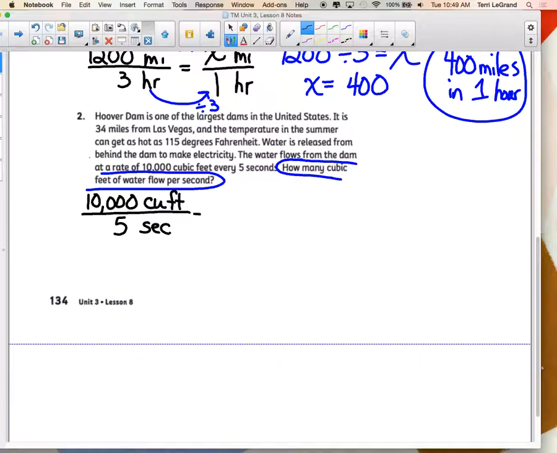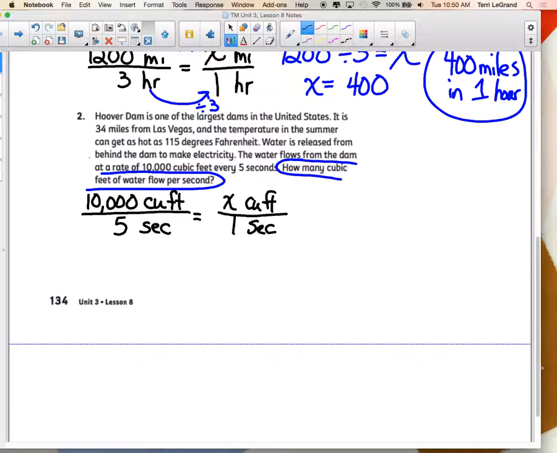And then we set up the other ratio. How many cubic feet? Oh, they're asking us to solve for how many cubic feet. So X CUFT, X cubic feet per second. What's going downstairs? 1 second. 1 second. Okay.